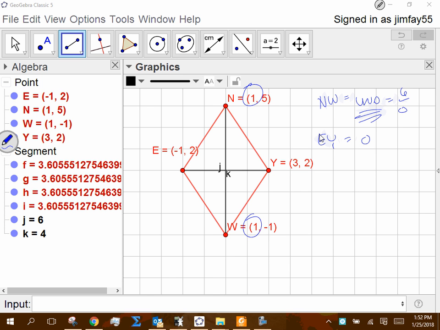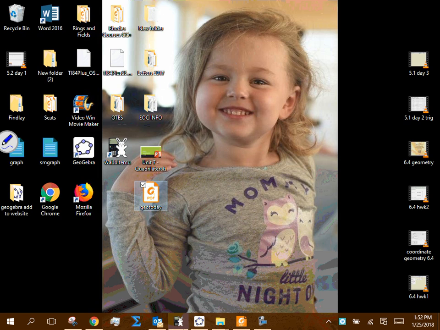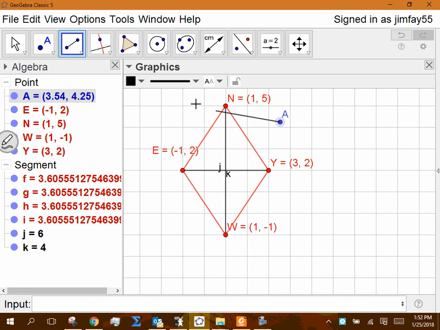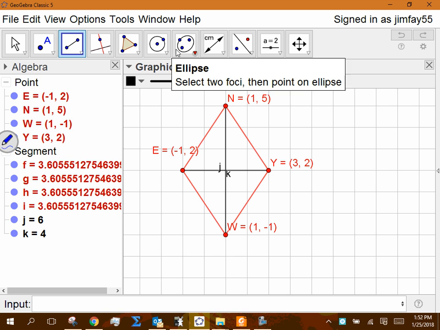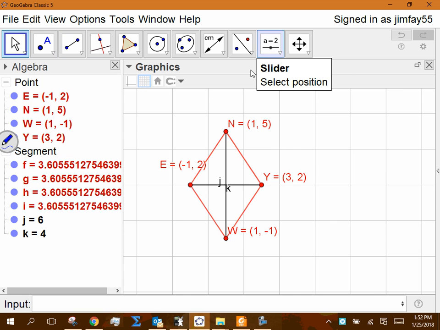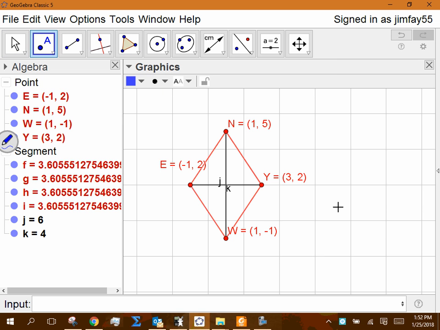Okay. Beyond saying opposite sign reciprocals, what's another property that shows us things are perpendicular? For instance, let's do it this way. Let's say that I've got, let's just put a point out here somewhere.